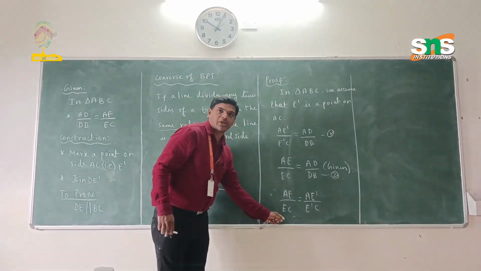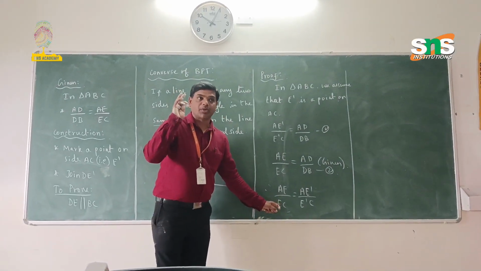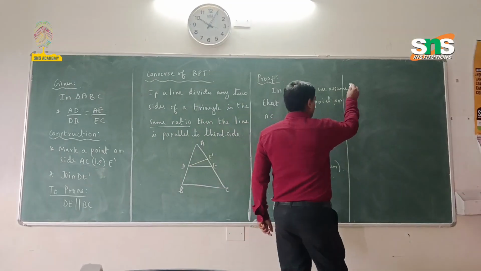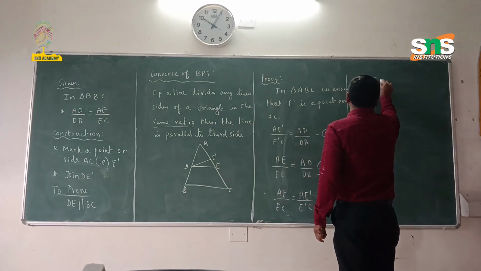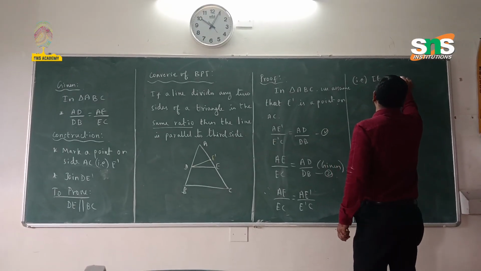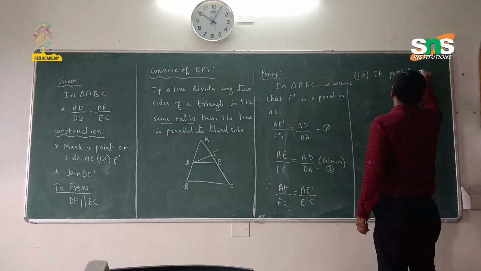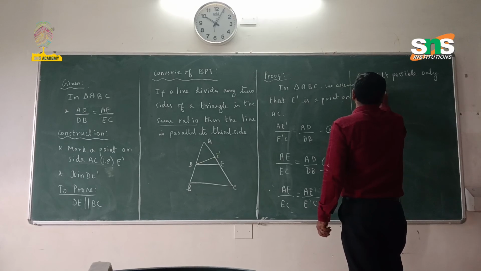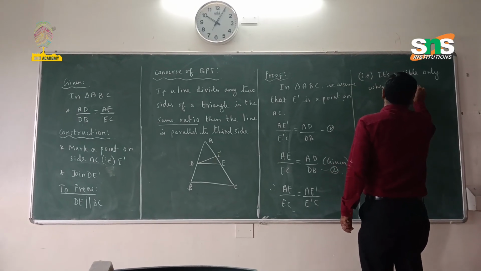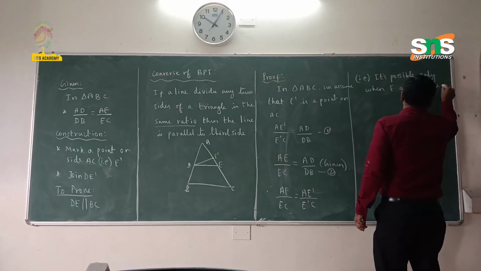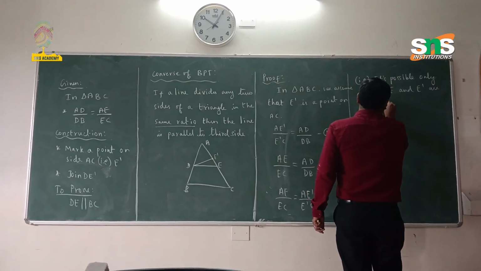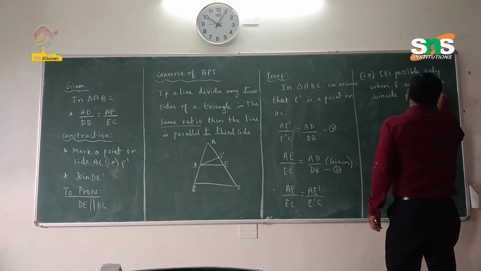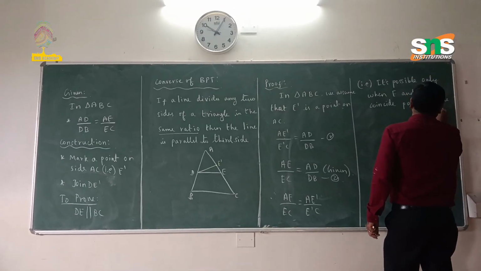When these two ratios are equal, it is possible only when E and E dash coincide. Coincide means they are on the same point.